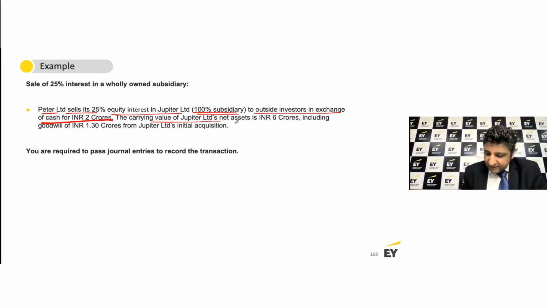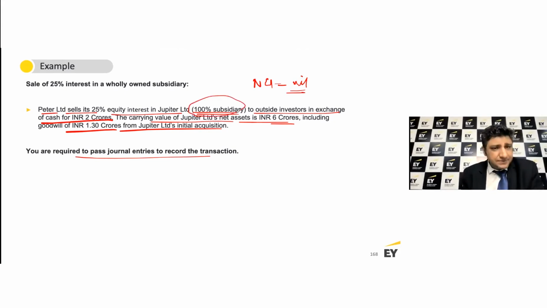The carrying value of the net assets is 6 crores, including a goodwill of 1.3 crores, arising from Jupiter Limited's initial acquisition. The question is: pass the journal entries to record the transaction. Essentially, the NCI here is nil because it's a 100% subsidiary. But the net worth of the business is given as 6 crore rupees.